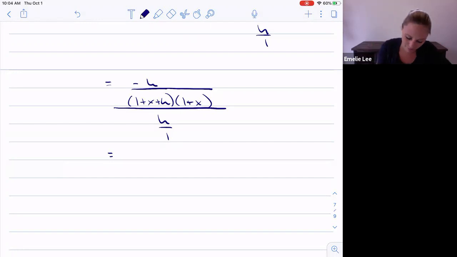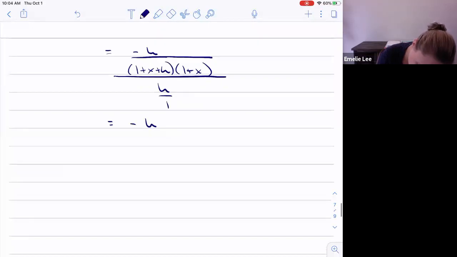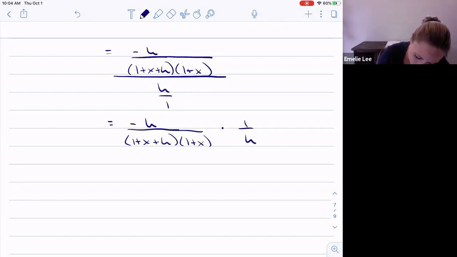So you get negative h over 1 plus x plus h times 1 plus x, times 1 over h. Because I'm multiplying here, I'm allowed to cancel.